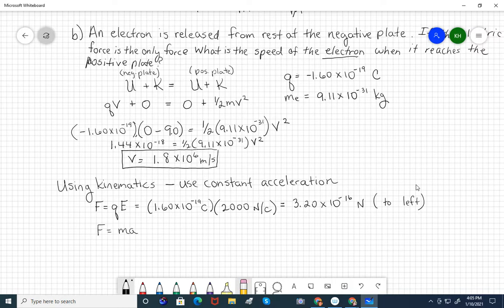So if I know that the force is 3.2 times 10 to the negative 16 newtons, and the mass is 9.11 times 10 to the negative 31 kilograms, I use F equals ma, and I can find the acceleration. The particular acceleration here is 3.51 times 10 to the 14th meters per second squared.